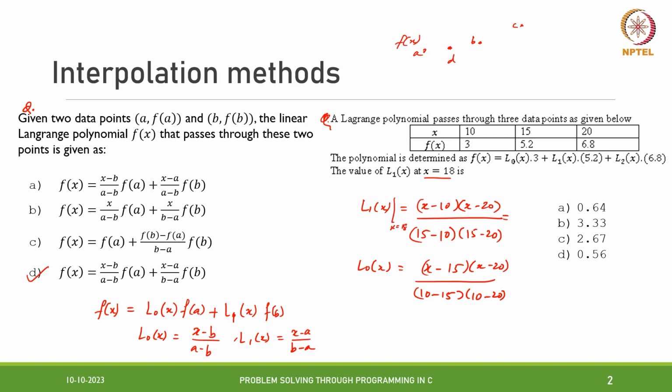If you put that, what do you get? 8 into minus 2 by 5 into minus 5. How much is that? I think it will be around 0.64. So option A is the correct answer here. Do you understand how we calculate the values of L1, L0 and L2 in this question?